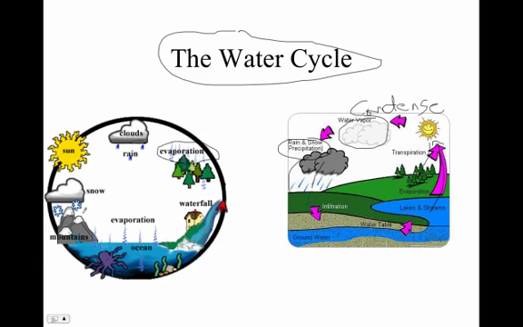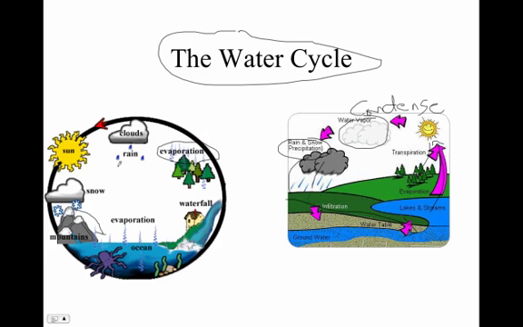Runoff basically means that water then runs back down from higher elevations like the mountains to the oceans, and that's our process. So transpiration, evaporation into the air, condensation into clouds, precipitation back down to earth, and runoff back down to the oceans.